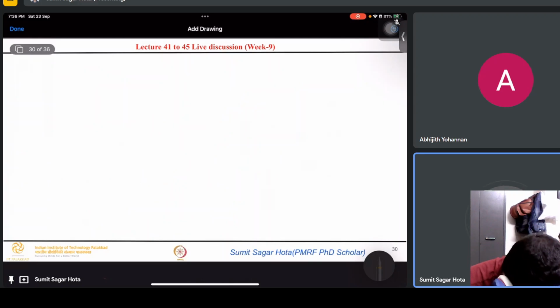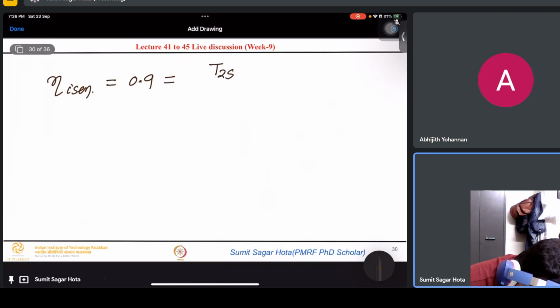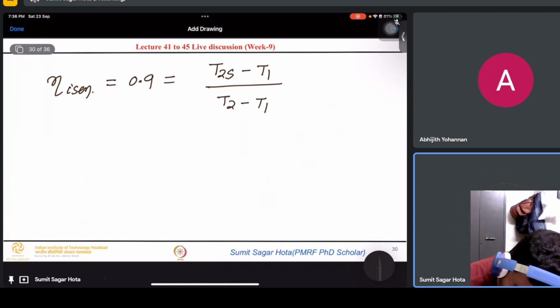That means now you have to find out what? T2. So how do you find it? Isentropic efficiency, same approach. Here there are no triangles given, only triangles for the different velocities. Efficiency is T2s minus T1 divided by T2 minus T1.